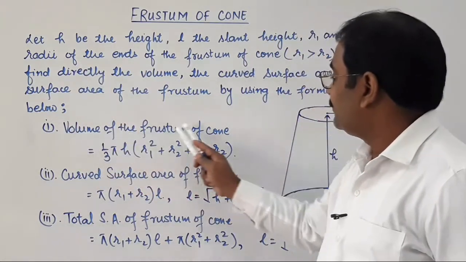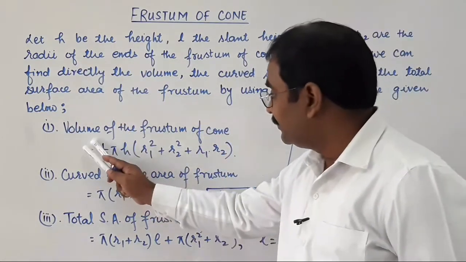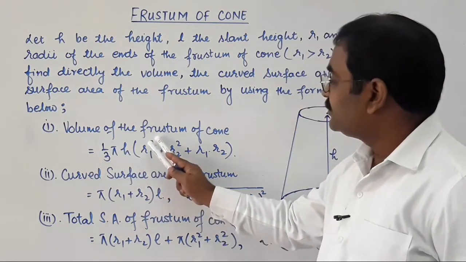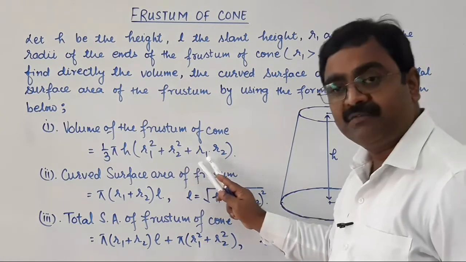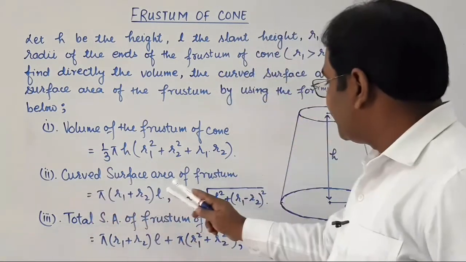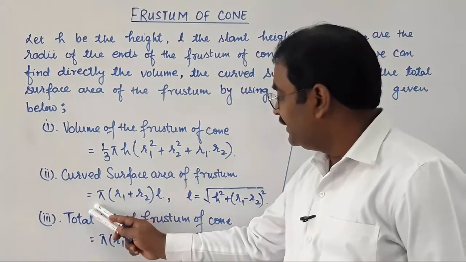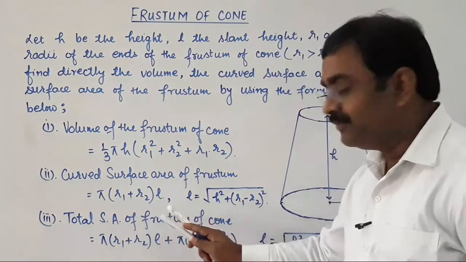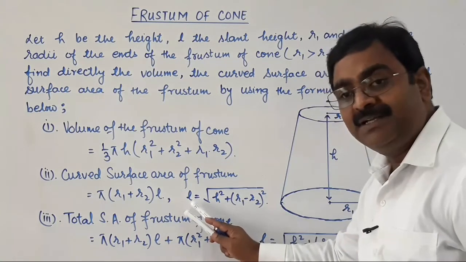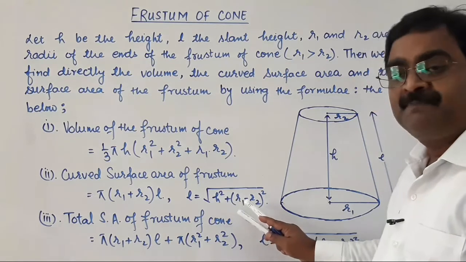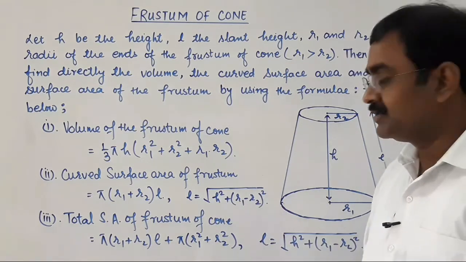Volume of the frustum of the cone is 1/3 pi h multiplied by (r1 square plus r2 square plus r1 into r2). Second, the curved surface area of the frustum is pi into (r1 plus r2) into L, where L is equal to under root h square plus (r1 minus r2) whole square.